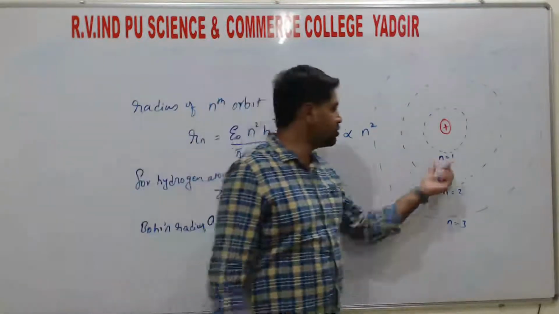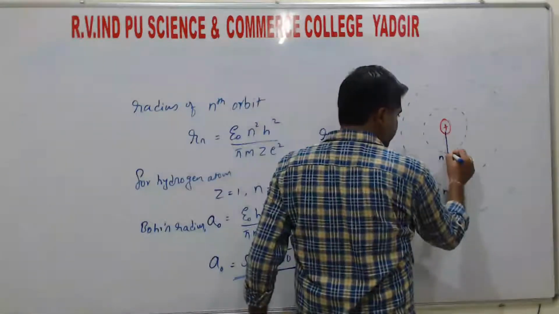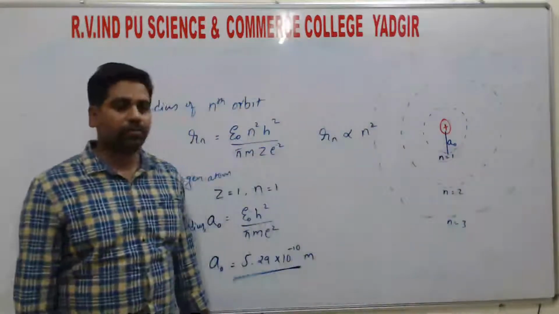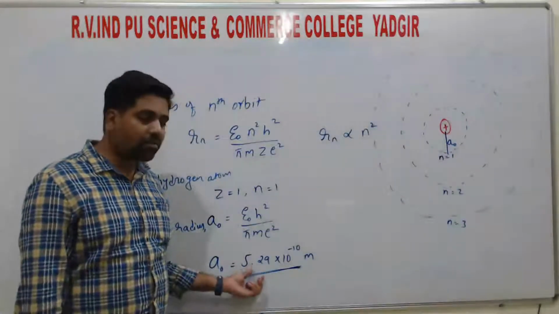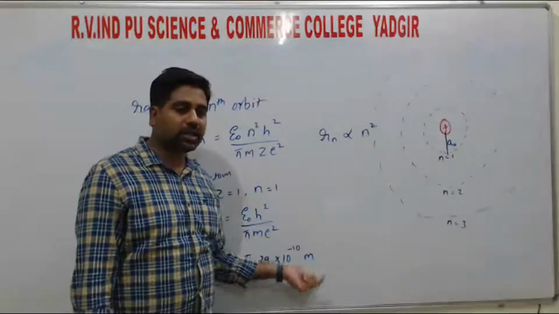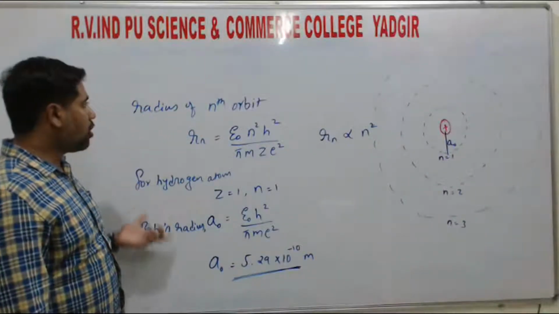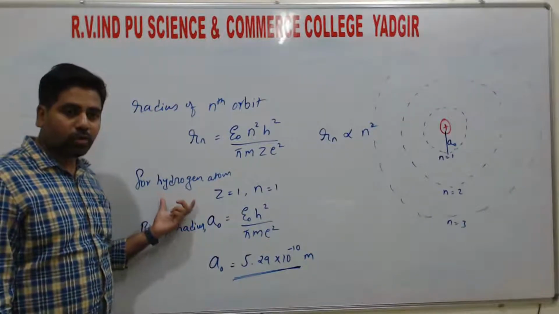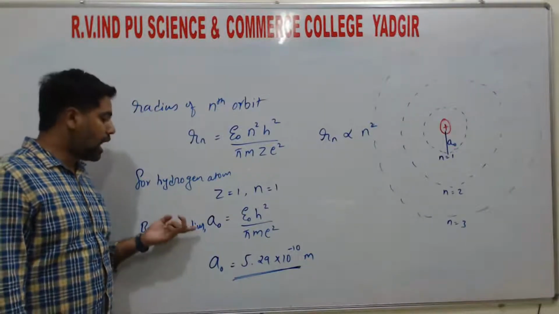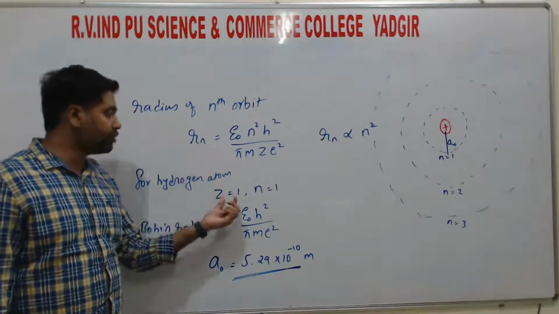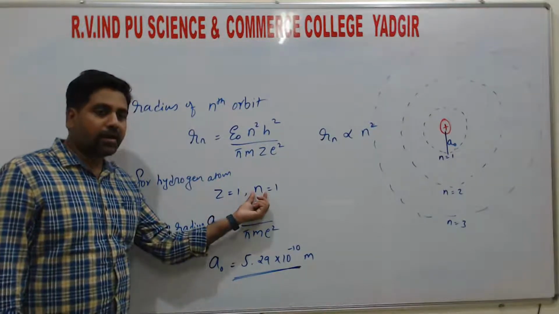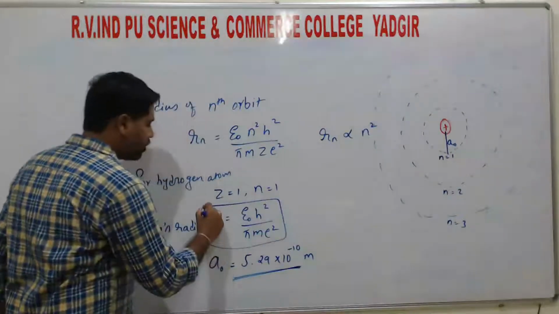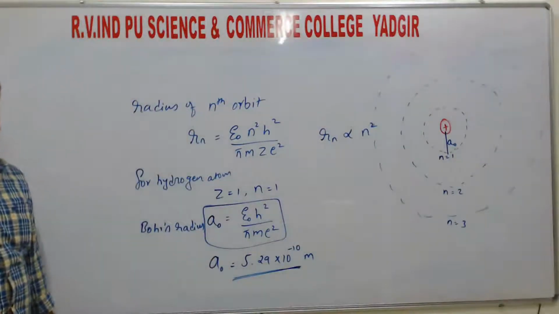So when n is equal to 1, we call this radius the Bohr's radius, and we have the value for hydrogen as 10 to the power of minus 10 meter. So this is all about the radius of the nth orbit and also the Bohr's radius. If they ask for the Bohr's radius, then we need to substitute the Z value and n value. This is the standard relation for the Bohr's radius, right?